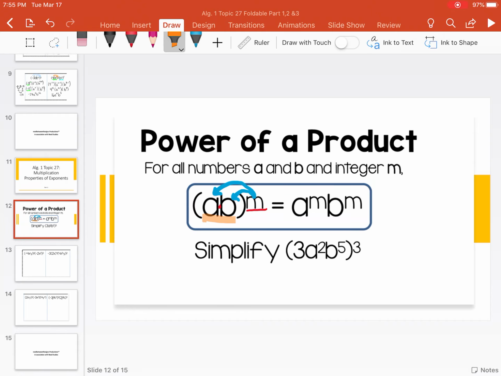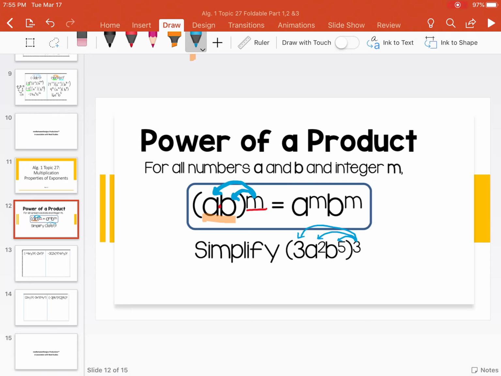So if we were to see this here, actually let me use blue again. We have 3a squared b to the 5th power, all raised to the 3rd power. So this 3 is going to apply to the coefficient of 3, to our a variable, and to our b variable.